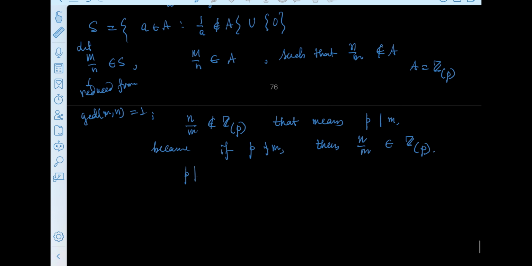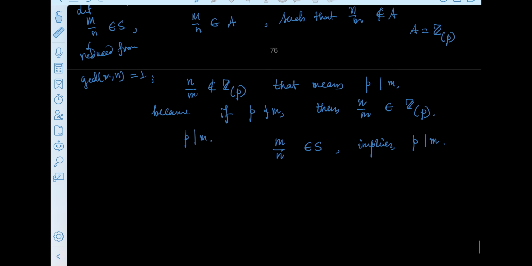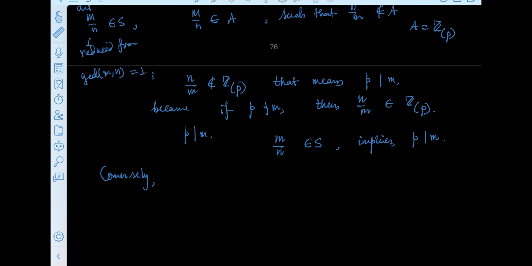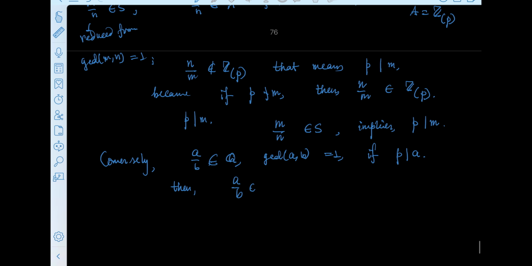So that means P has to divide M. So what that means, M by N belongs to S implies P divides M, and conversely, for any rational number A by B in reduced form, if P divides A, then A by B is inside S. Why?